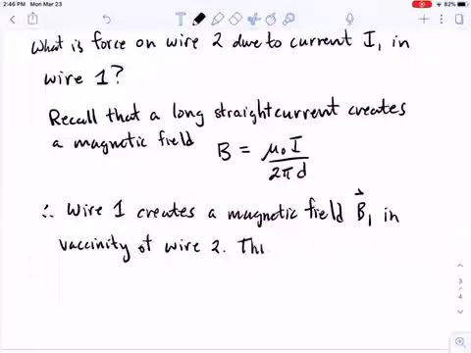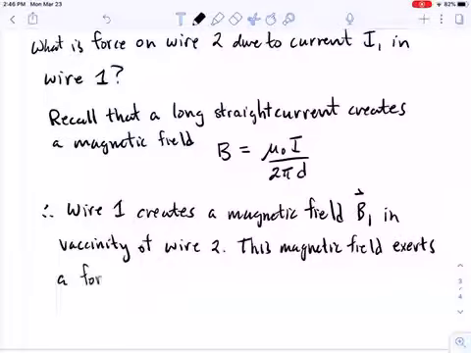So this magnetic field exerts a force on the current I2.